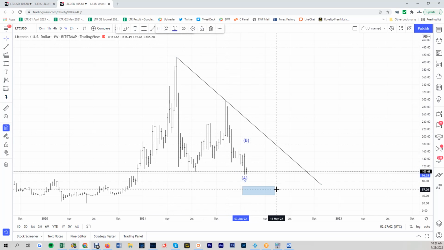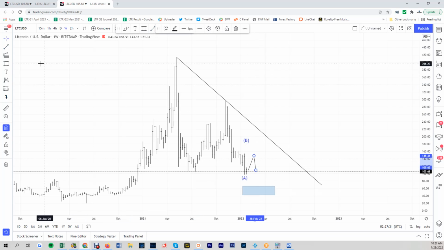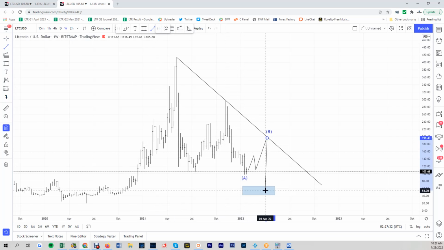A is here, or W is here, and then you will have a 3 waves peak rally like this, maybe to retest this trend line again, before we fail again and go down again, right? So that's another possibility there, in case it doesn't go down.